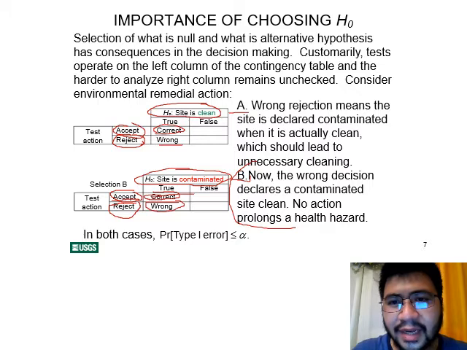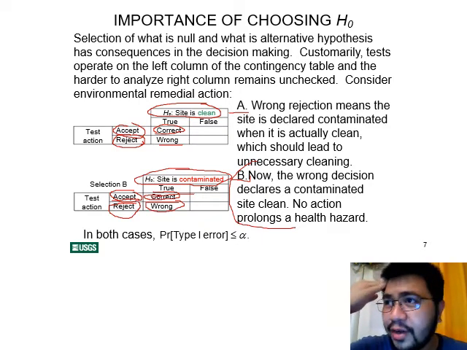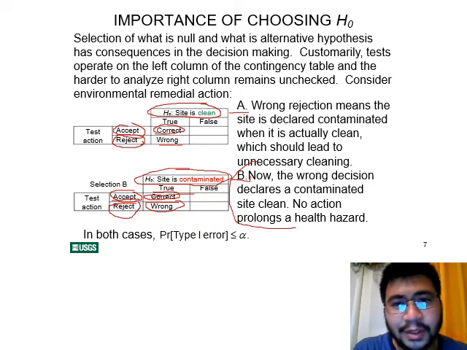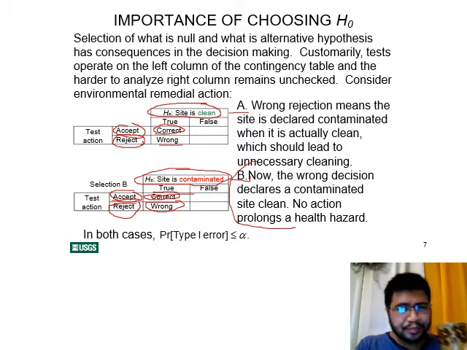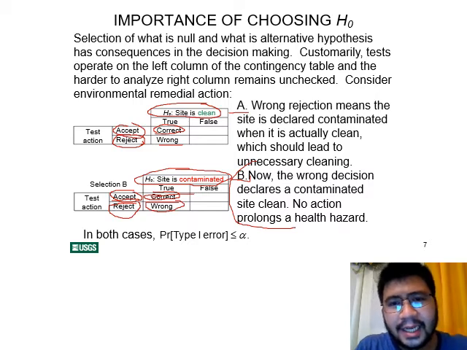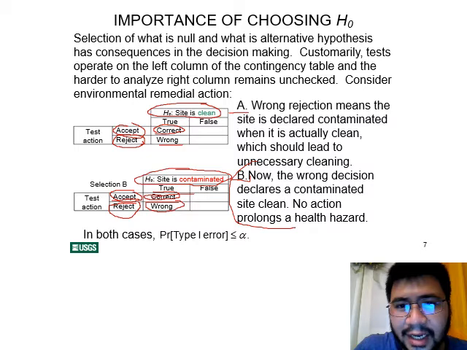Now, let's have a more practical or fun example. Let's say you're infatuated with a certain person, or basically you have a crush on a person, and let's say null hypothesis A is that your crush likes you back.